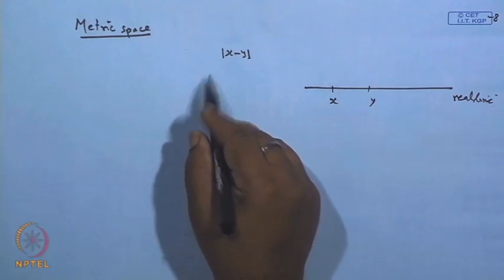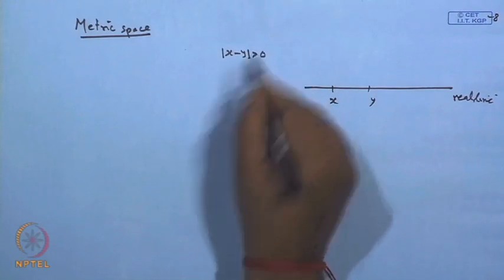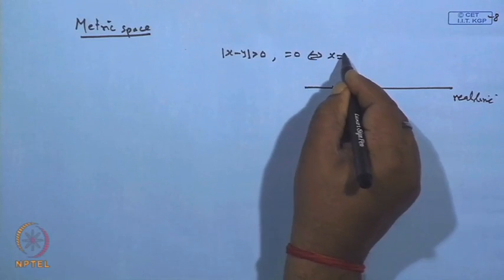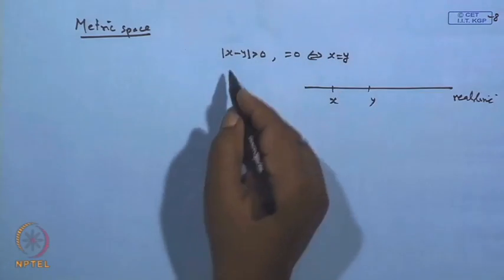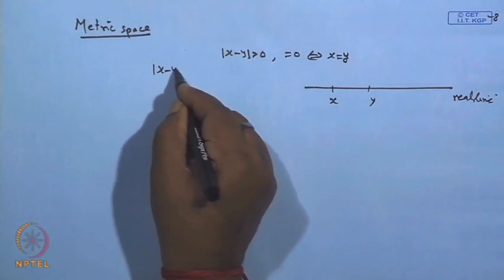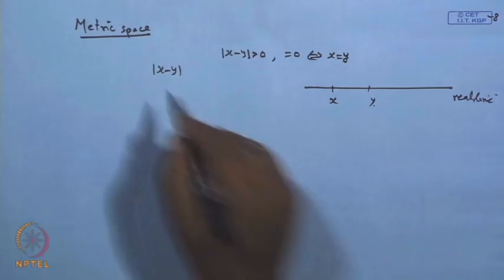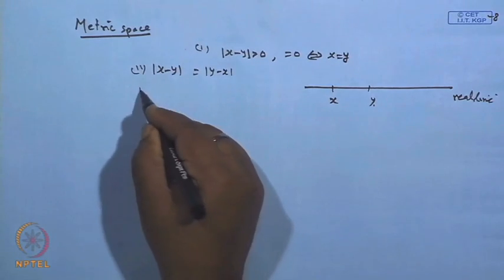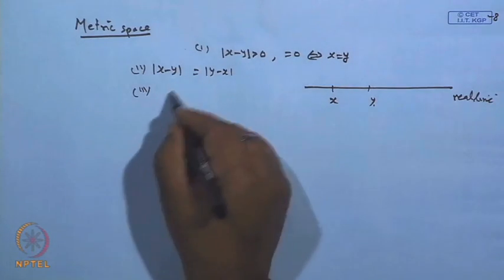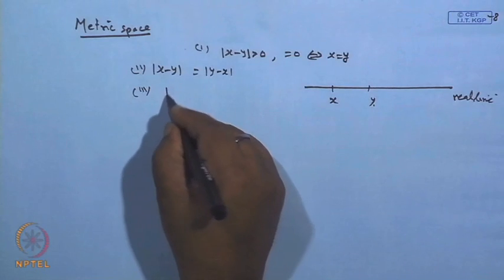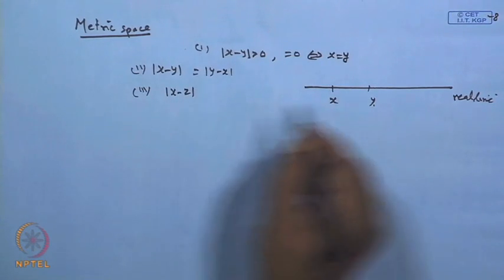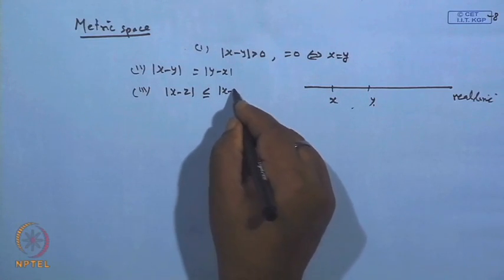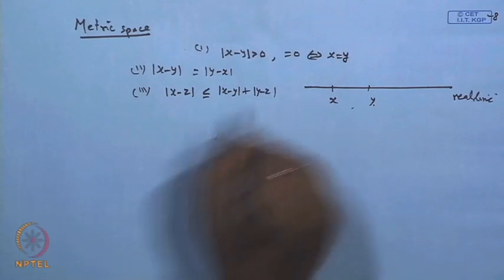and this distance will always be greater than 0 and will be 0 if and only if x equals y. Then if we measure the distance either from x to y or from y to x, both will be the same. Third, when we take any point z either in between x and y or maybe outside, then mod x minus y remains less than or equal to mod x minus z plus mod z minus y.